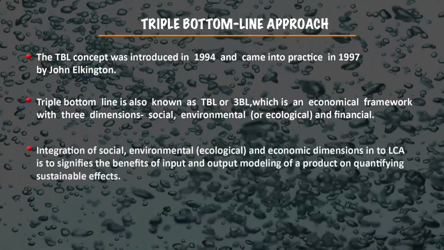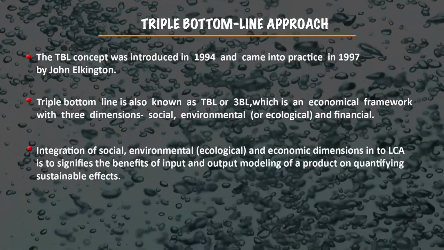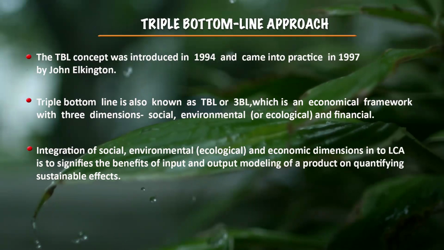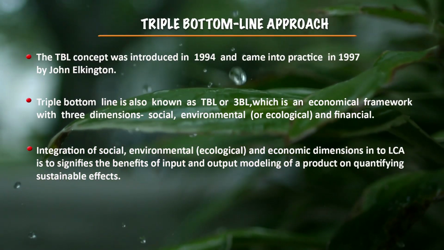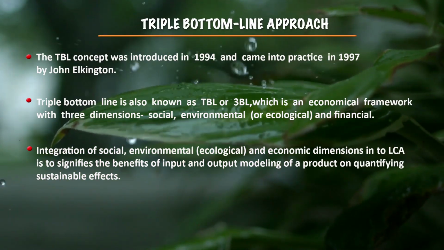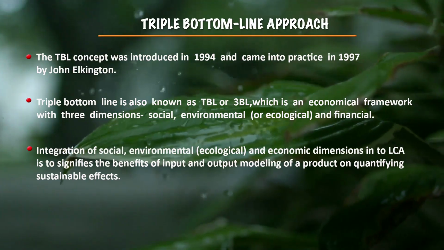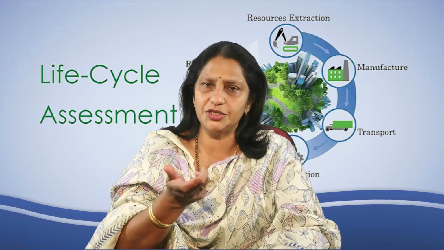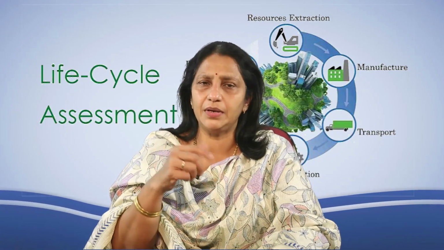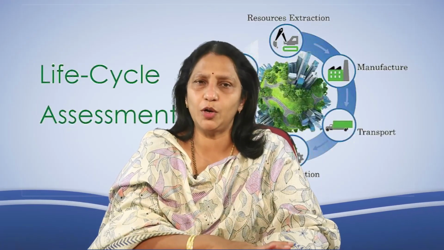The integration of social, environmental and economic dimensions into LCA is to signify the benefits of input and output modeling of a product on quantifying sustainable effects. That means ecological and financial, for example. Many organizations have adopted this one.